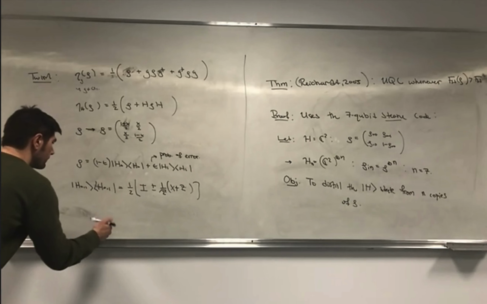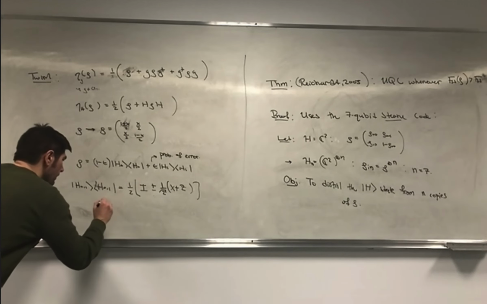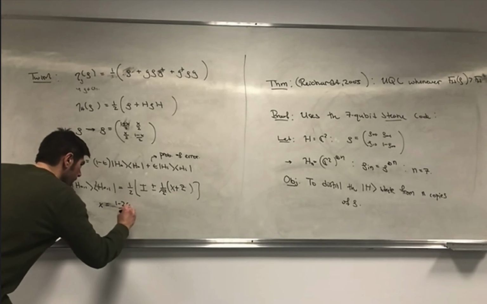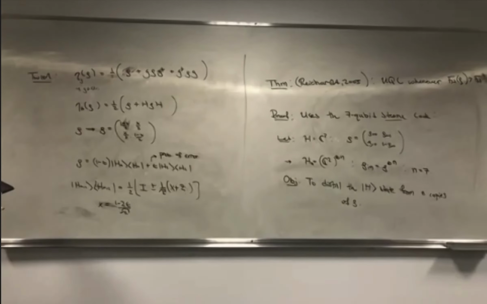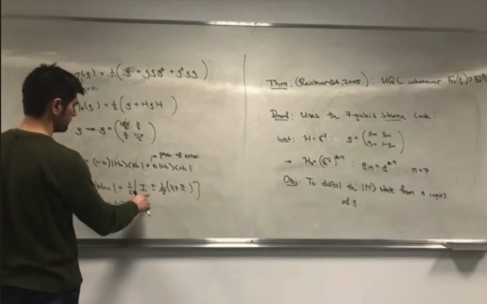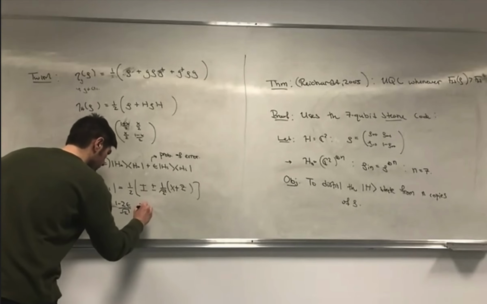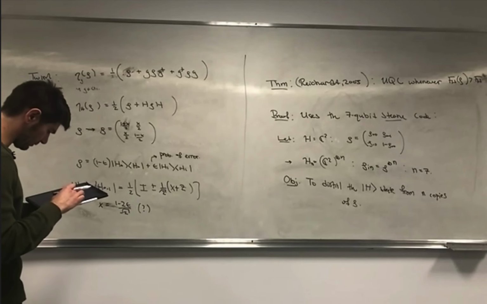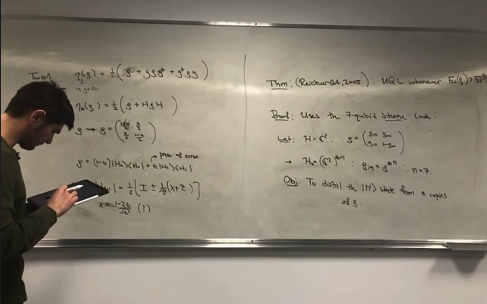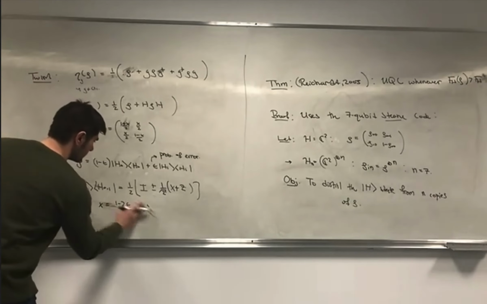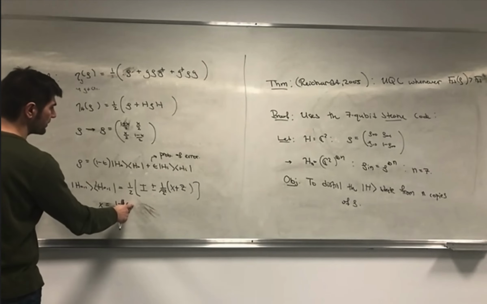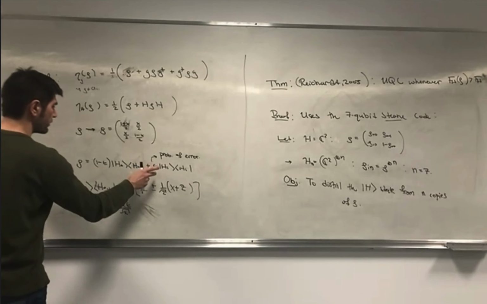Sorry, I believe x is equal to 1 minus 2 epsilon over square root of 2. Sorry, I'm just going to leave that as a question mark. Let me just check, because I wrote that somewhere else. Okay, yes, this is correct. Yeah, so this is the initial error probability. This is the probability of making an error when you're starting your distillation.